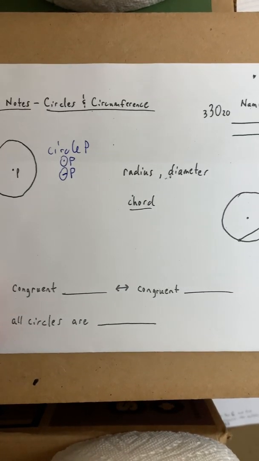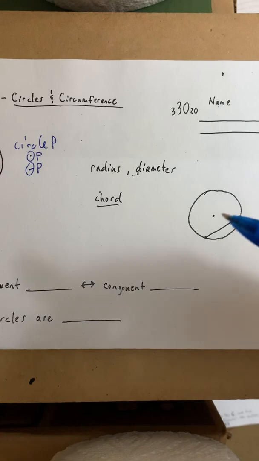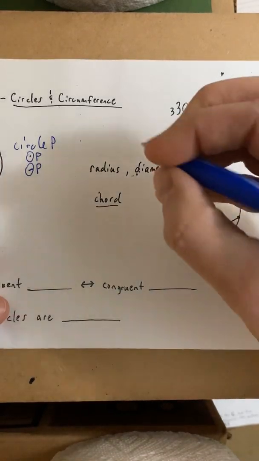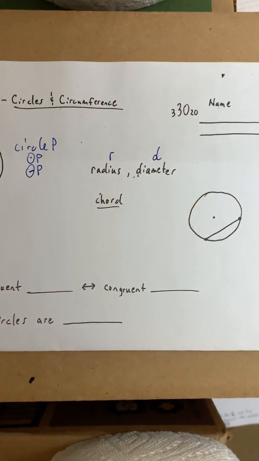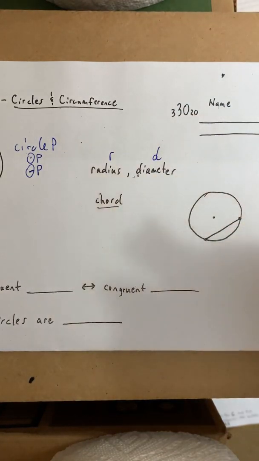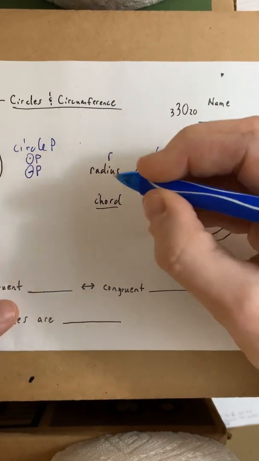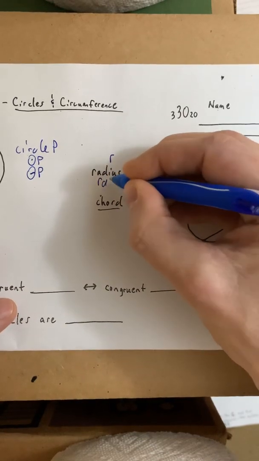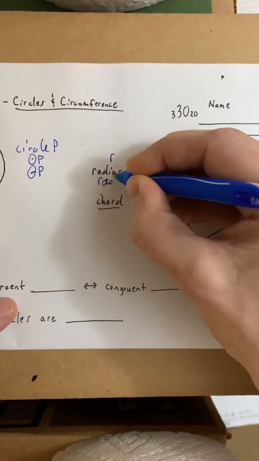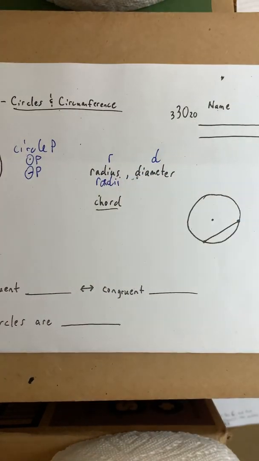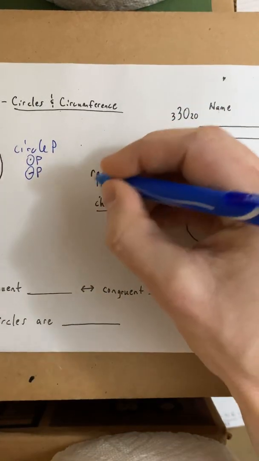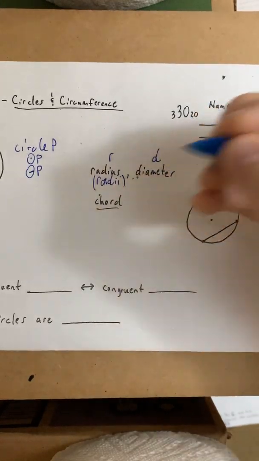There are a couple different parts of a circle. Most of y'all have heard of the radius and diameter. Radius lowercase r, diameter lowercase d. The plural for a radius is radii. So if you ever see this weird looking word, R-A-D-I-I, that is the plural for radius. You don't say radiuses, you say radii.